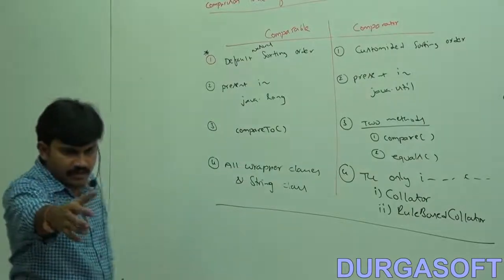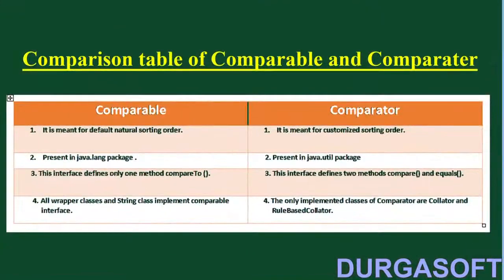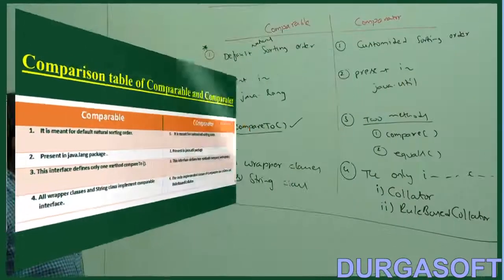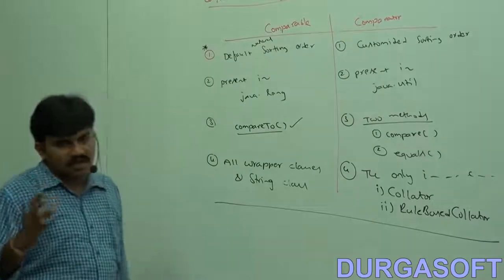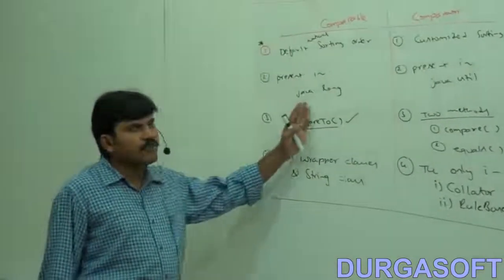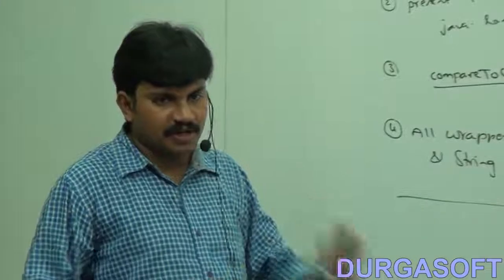Okay, take the notes. That's all. So this is the difference between Comparable and Comparator, or when we should go for Comparable and when we should go for Comparator. That's all.